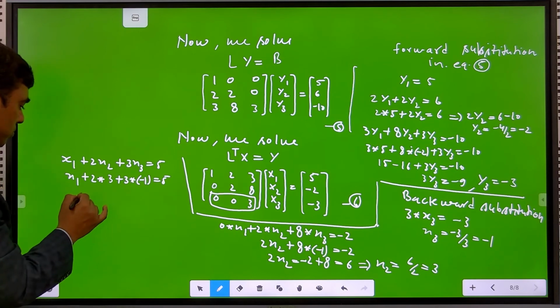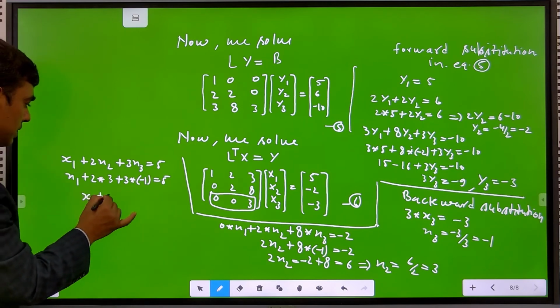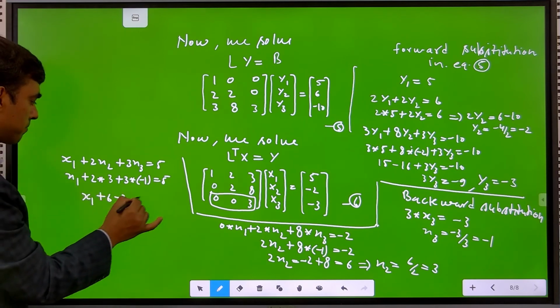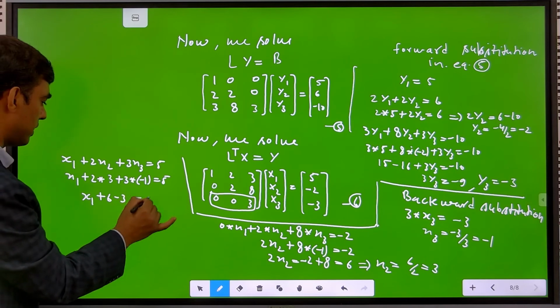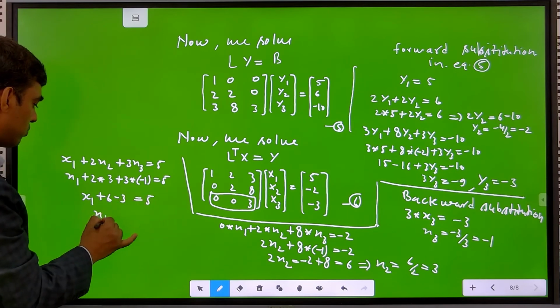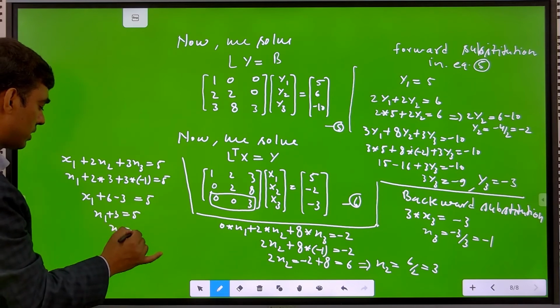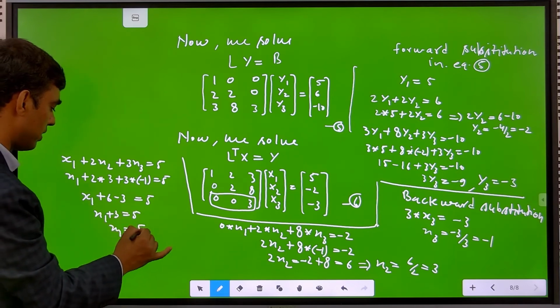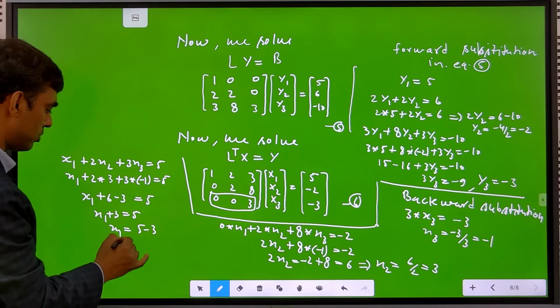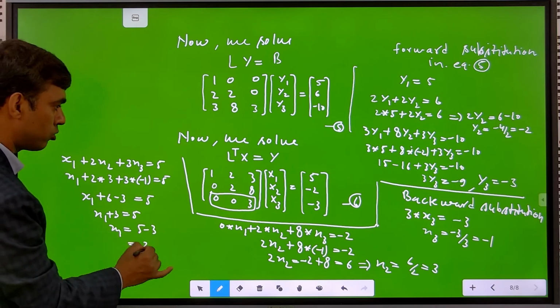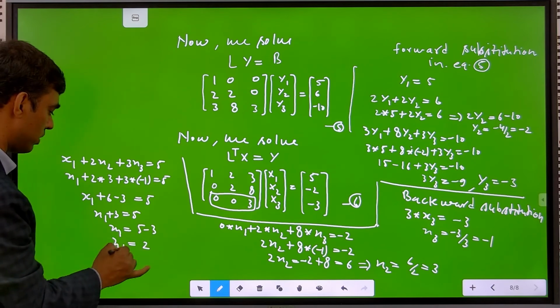If we simplify, this becomes x1 plus 6 minus 3 equals 5. So x1 plus 3 equals 5, and x1 equals 5 minus 3, which is 2.